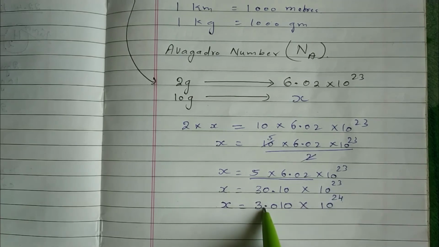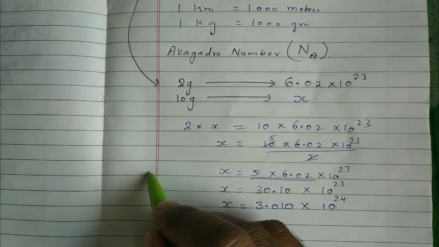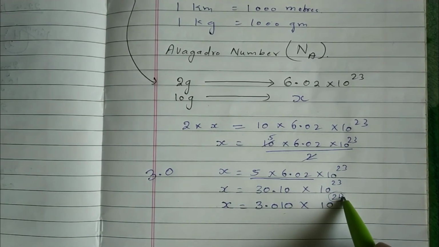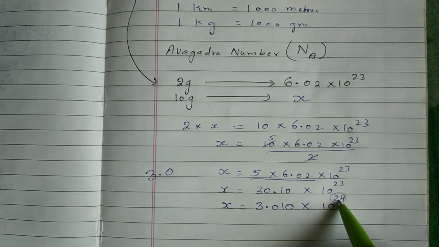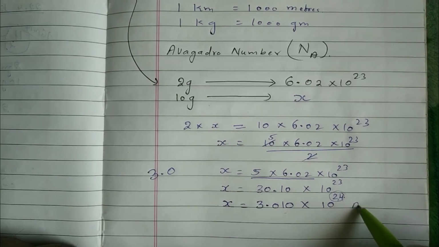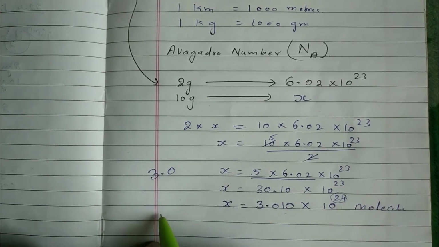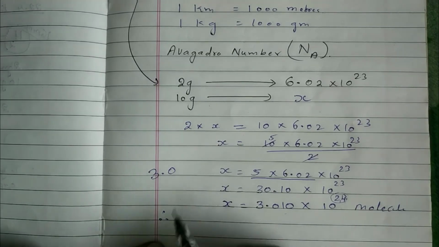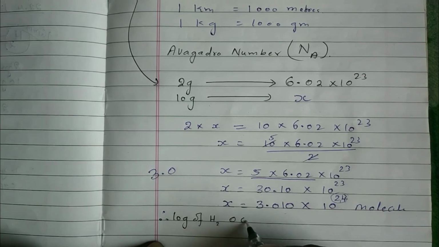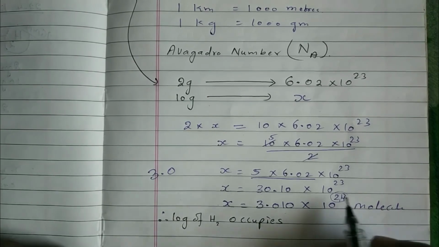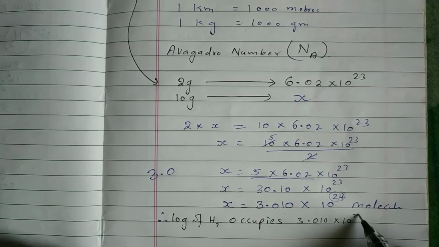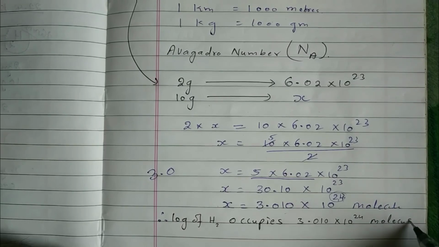But when I am moving the decimal from here to here, 3.0, I am adding one value here, that is 23 is becoming 10 to the power of 24. So these are the number of molecules. Therefore 10 gram of hydrogen occupies 3.010 into 10 to the power of 24 molecules.